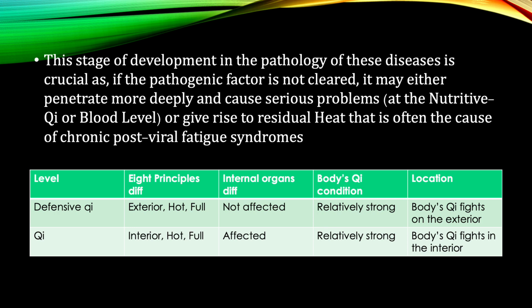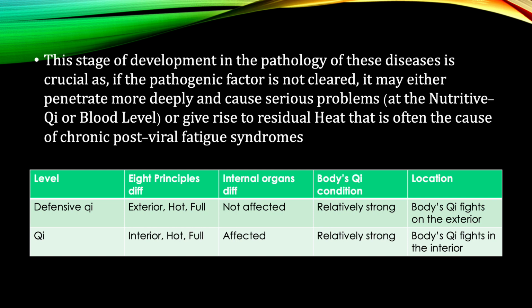This stage of development in the pathology of these diseases is crucial, as if the pathogenic factor is not cleared, it may either penetrate more deeply and cause serious problems at the nutritive qi or blood level, or give rise to residual heat that is often the cause of chronic post-viral fatigue syndromes.